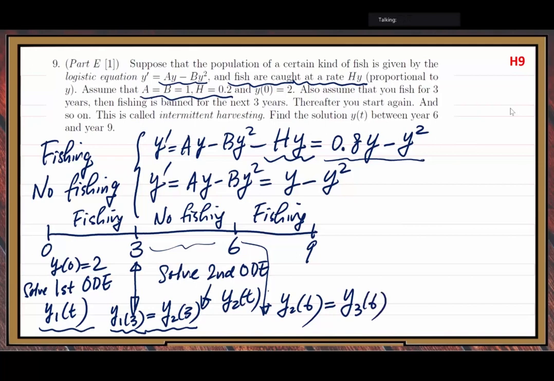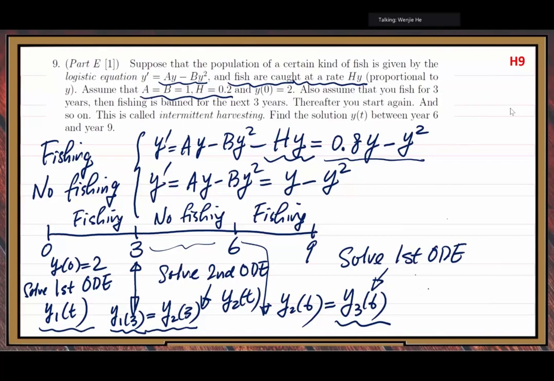So you start a third phase, fission again. You use the new initial value, but this time you need to solve the first ODE again with this initial value.